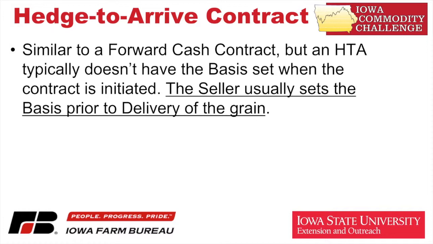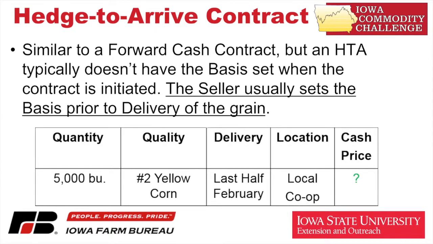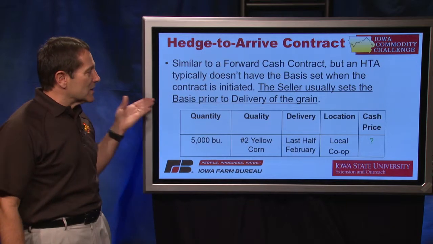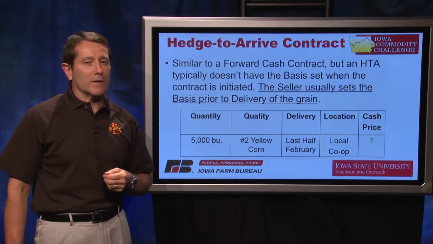So when the contract is initiated, the quantity, quality, delivery period, and location are known, but the cash price isn't known since the basis is not yet established. The basis will likely be established prior to delivery.